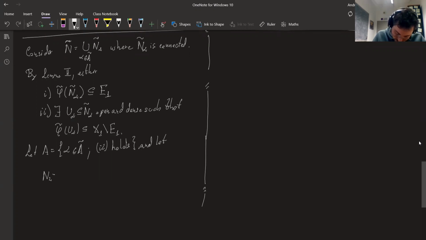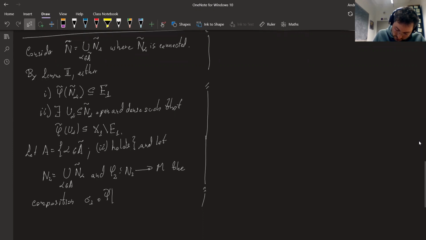N2 be the union over all alphas in A now of these N alpha tildes, and P2 from N2 to M the composition sigma 1 composed with phi tilde restricted to N2. And now I claim that this is the, one just needs to verify, it's enough to, we just need to verify.